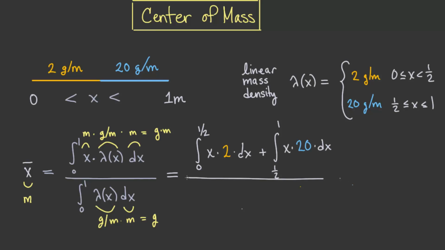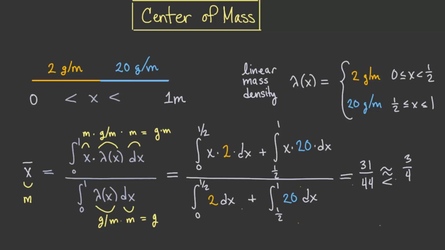And this is all over the integral from 0 to 1/2 of 2 dx, plus the integral from 1/2 to 1 of 20 dx. If you work out the arithmetic, which you can go ahead and do on your own, I've worked it out ahead of time, you get 31 over 44, which is approximately 3/4, but just a little bit less than 3/4, which is what we anticipated.